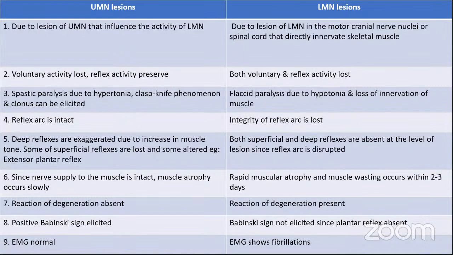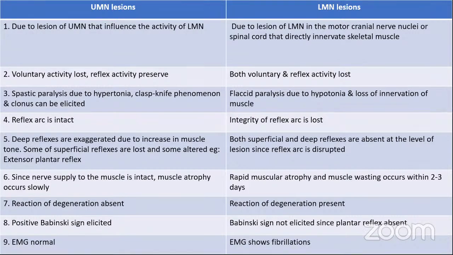The paralysis may be due to two types of lesions. One is upper motor neuron lesion. That means the lesion in the neural tract, located in the pathway between the cortex and anterior horn cell of the spinal cord.